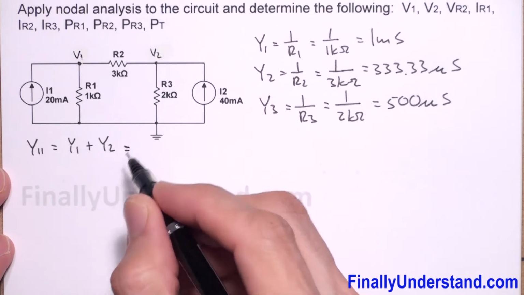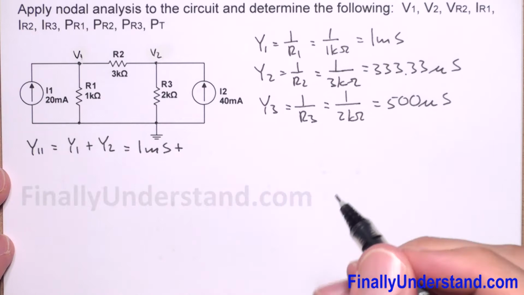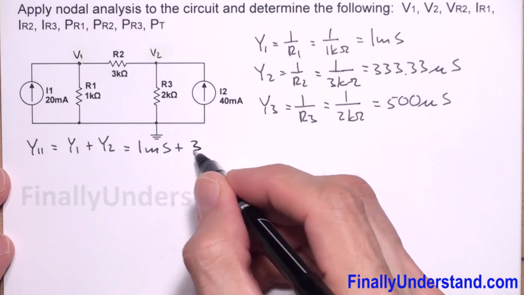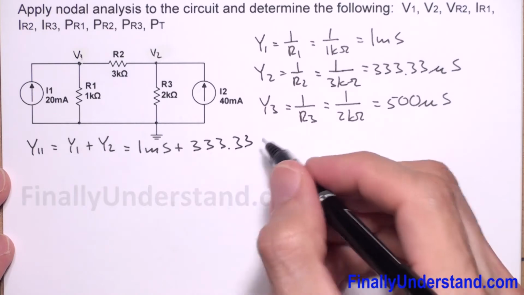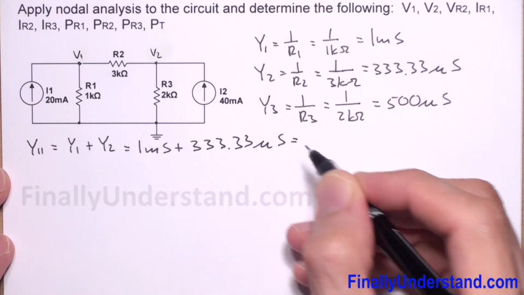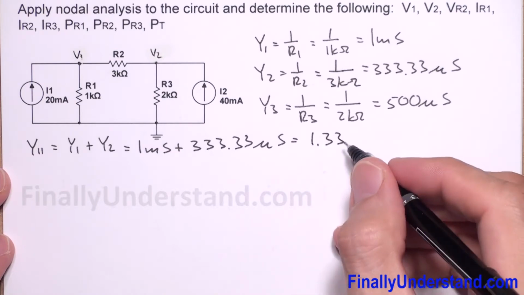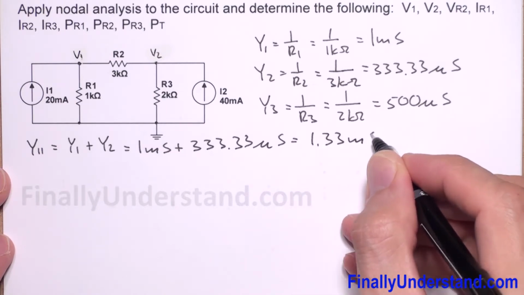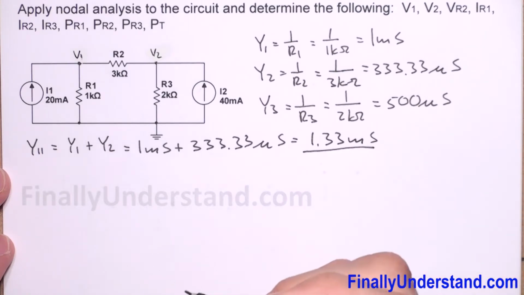So this is equal to 1 millisiemens plus Y2, which is equal to 333.33 microsiemens. This is equal to 1.33 millisiemens. Okay, this is my Y11.